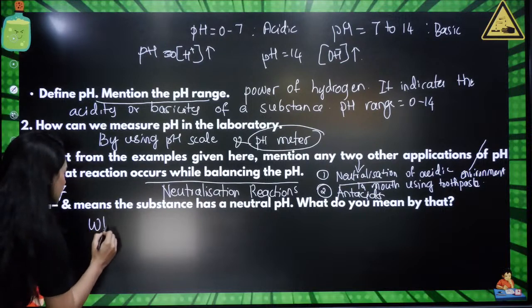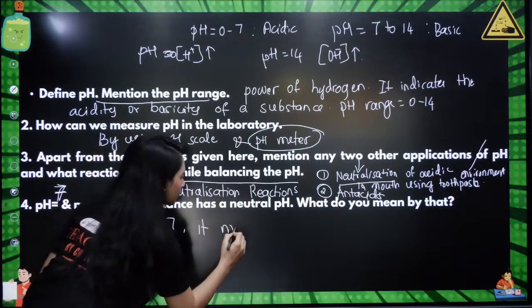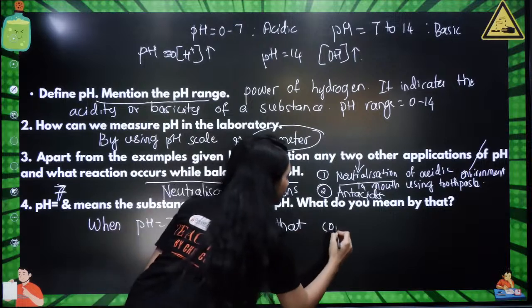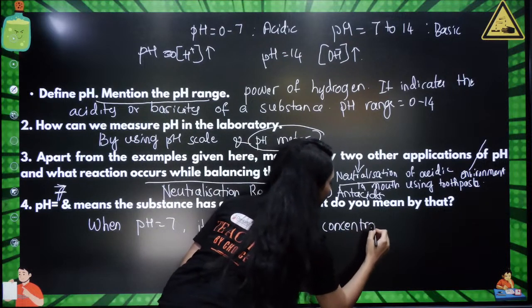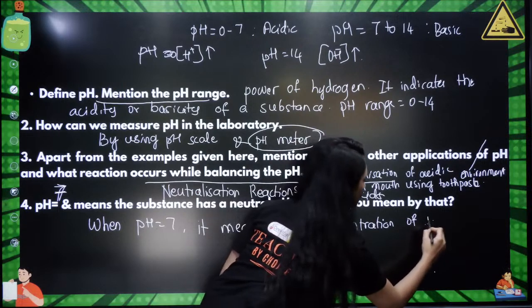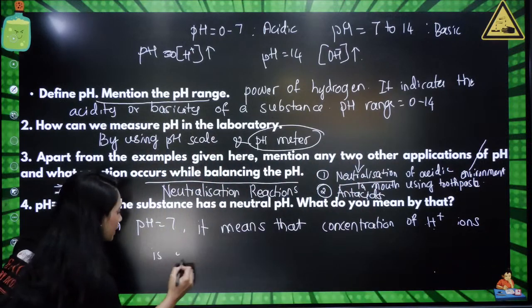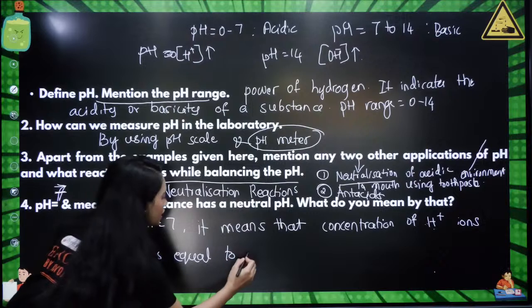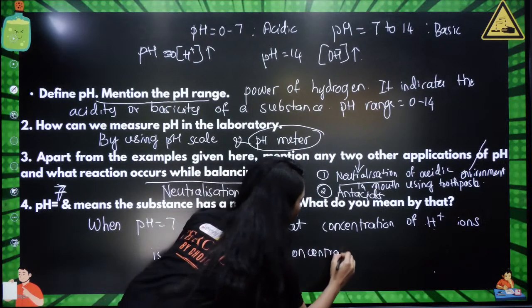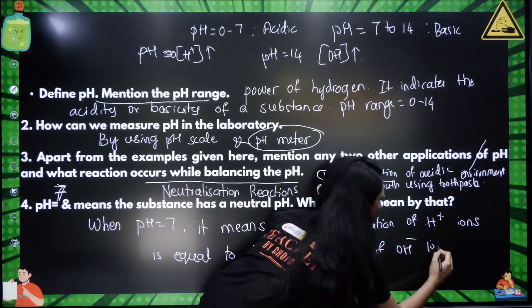So, when pH is equal to 7, it means that the concentration of H plus ions is equal to the concentration of OH minus ions.